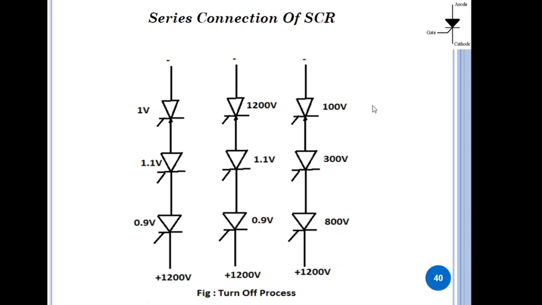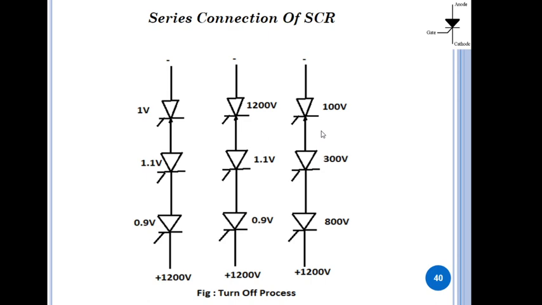From the above discussion of both the turn off and turn on processes, we observe that when a number of SCRs are connected in series, the voltage distribution is not the same during the static condition as well as during the dynamic condition.